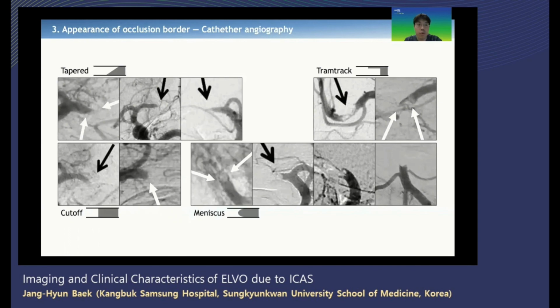The shape of the occlusion border in those articles can be summarized like this. Based on the shape observed in catheter angiography, they were classified into tapered, tram track, curved, and meniscus.